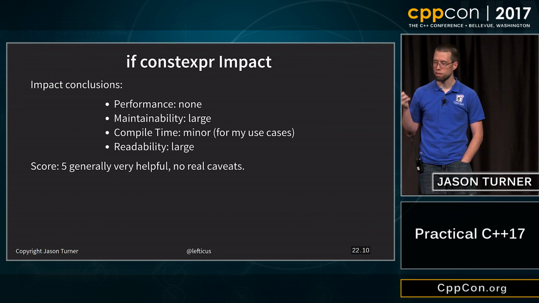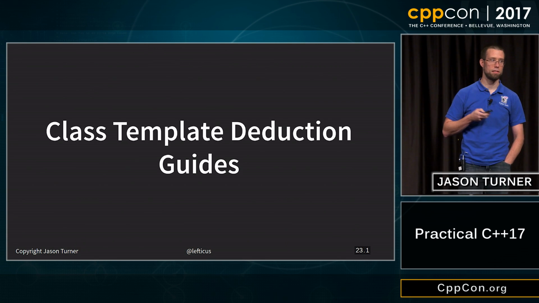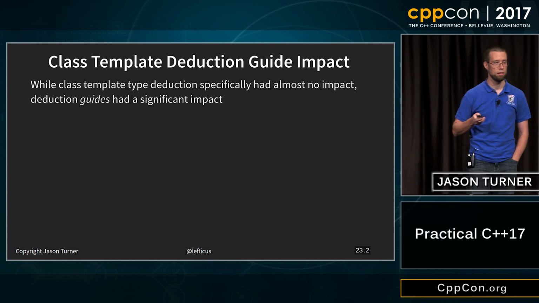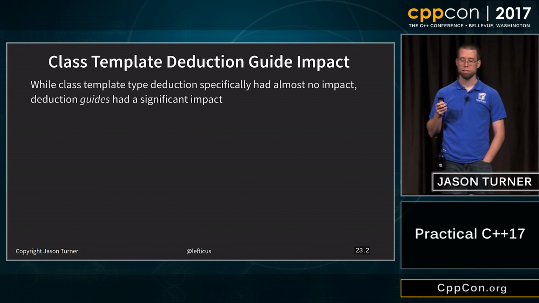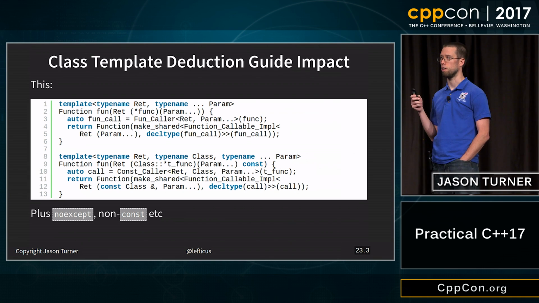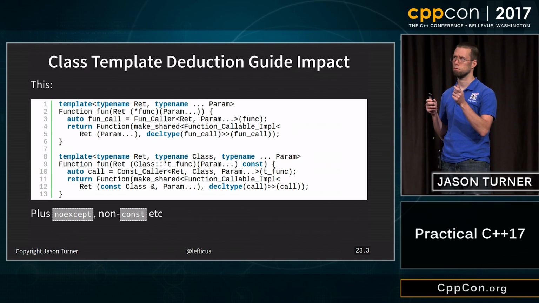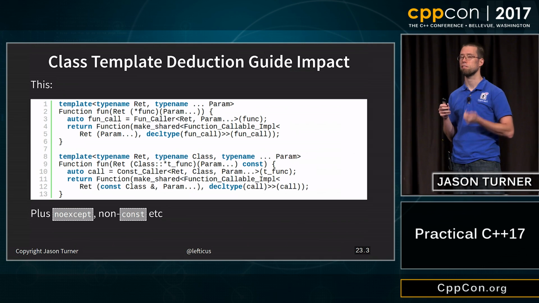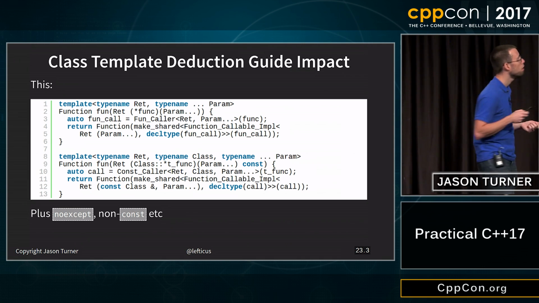Class template deduction guides I'm going to mention separately from class template argument deduction, because I didn't actually use the types that were created from class template deduction. I didn't use the instantiated classes. I just let them do the dirty work for me.